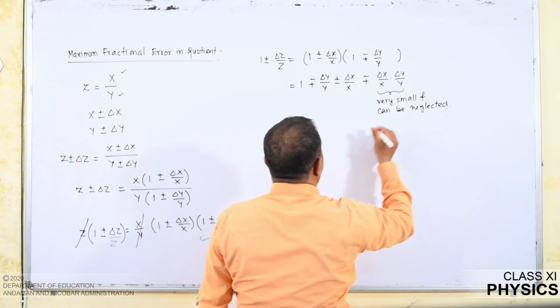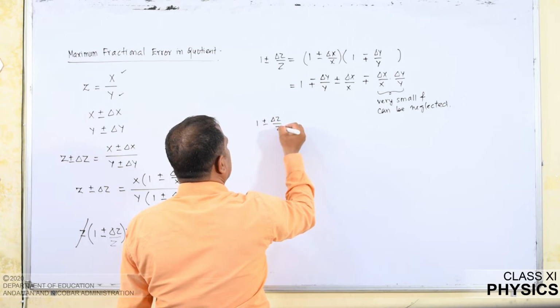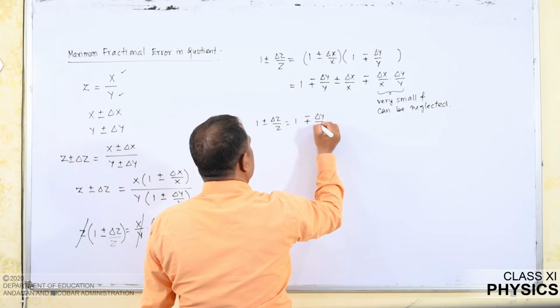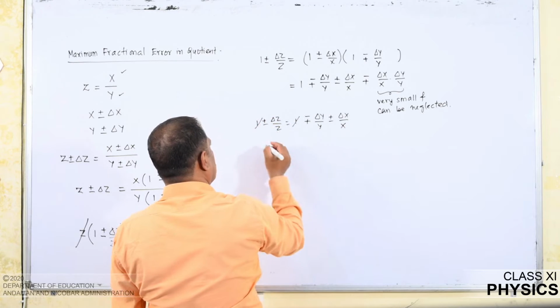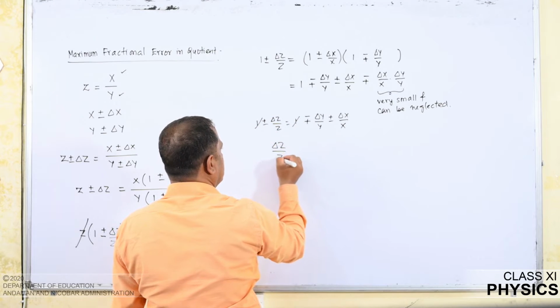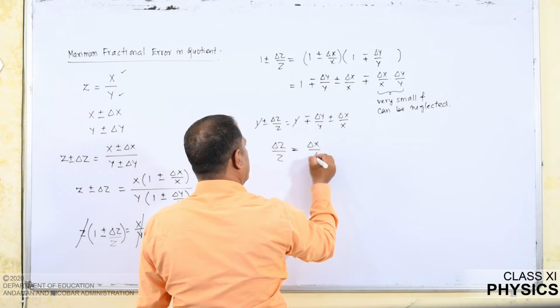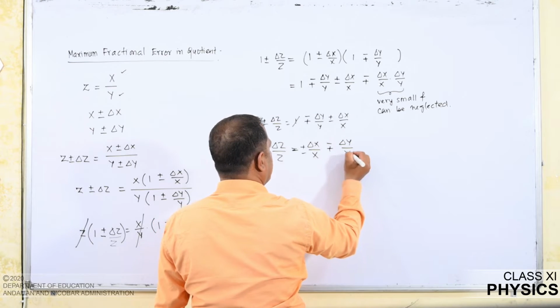In that case, we have 1 plus or minus delta z over z is equal to 1 minus plus delta y over y plus or minus delta x over x. This and this go off, and I am left with delta z over z. I am writing this one in a particular order which will be convenient for me, and therefore, I have this.